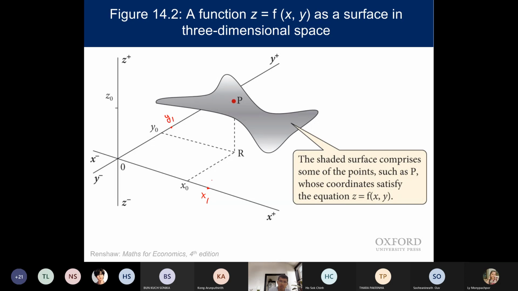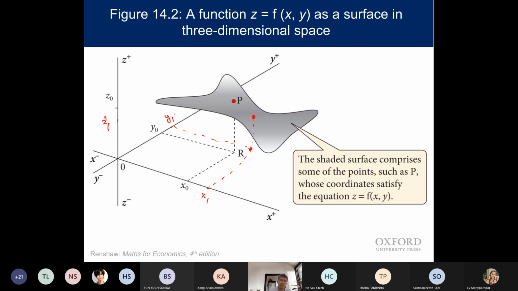Okay, so that you're going to have another point in the xy plane, and that will correspond to another point in the space, and that will be exactly z1, right?